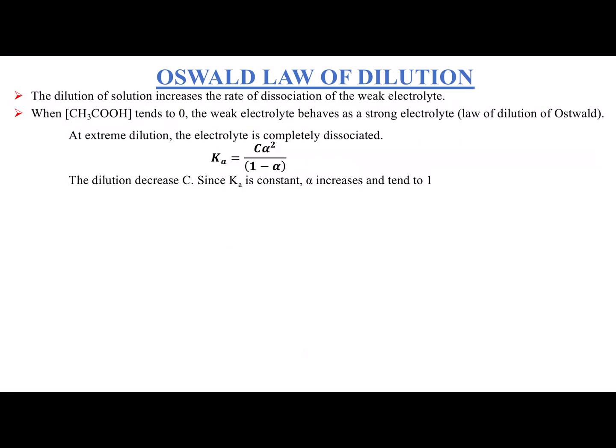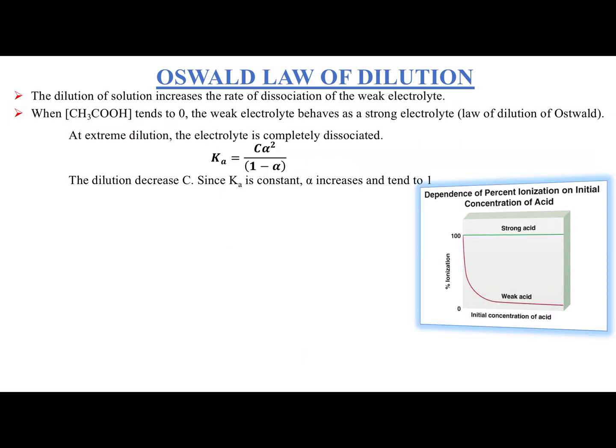Now, I'm not going to get into details here, but there's a dilution law, and this is called Ostwald's law of dilution. And Ostwald literally said that as I dilute, so as C decreases a lot, alpha starts to increase, and it increases to the point that it tends to 1.